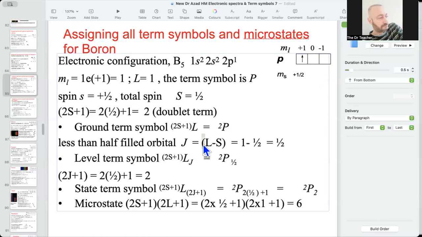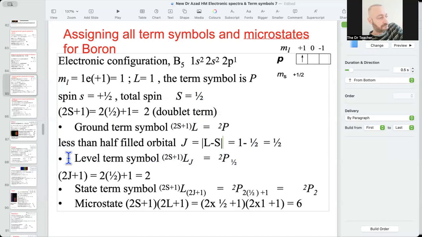So in this case, L minus S: L is 1, minus S, the spin, half. So it will be half. Now, the level term symbol is 2S plus 1 L J. The J is a half, P is the term symbol, 2S plus 1 is 2. So it will be P2 half.